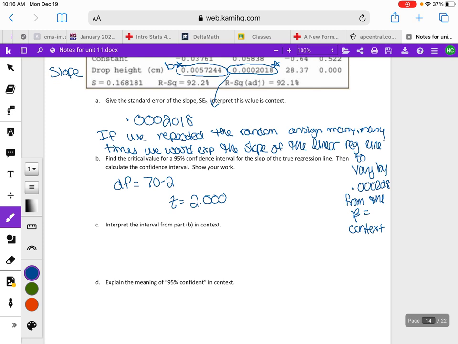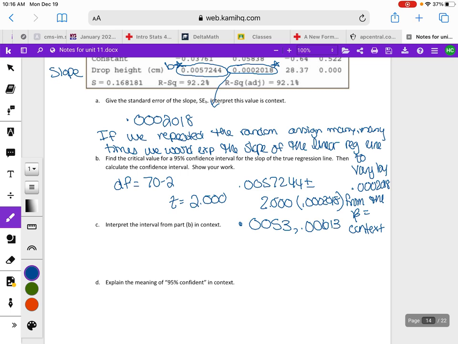Okay, so take your slope, 0.0057244, plus or minus your t value, which is 2.000, times your standard error, 0.002018, and then that will give us 0.0053 to 0.00613.